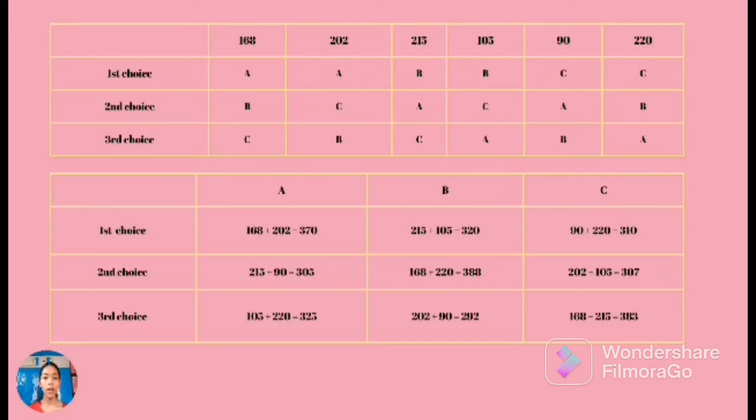C has been the first choice 310 times, the second choice 307 times, and the third choice 383 times. So, ang ginawa lang natin dito is inadd lang natin siya based sa votes na nakuha nila na makikita natin sa taas. Katulad ng nasa first choice, A is 168 and 202. So, inadd lang natin siya kaya siya naging 370.